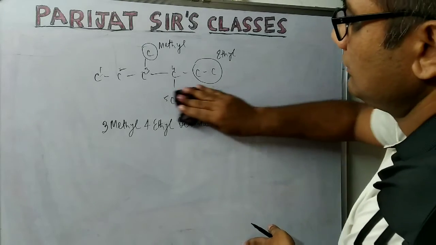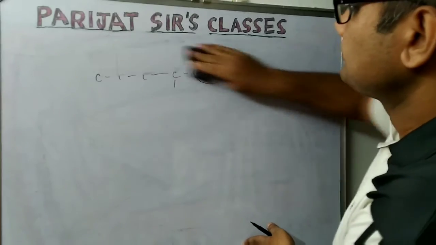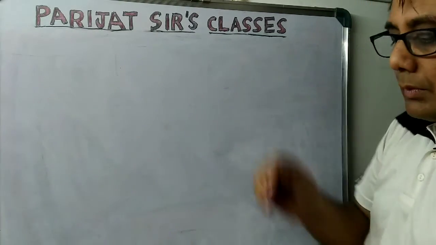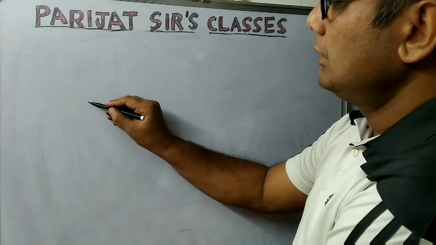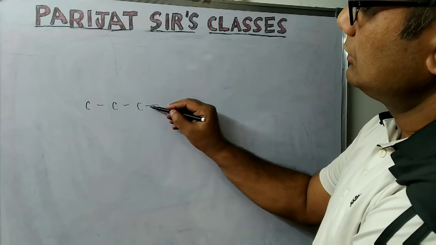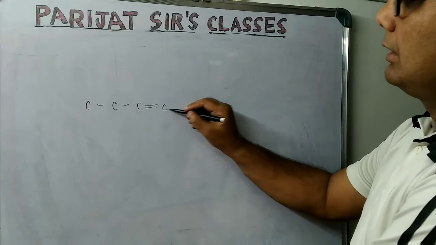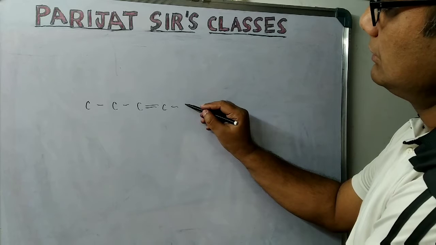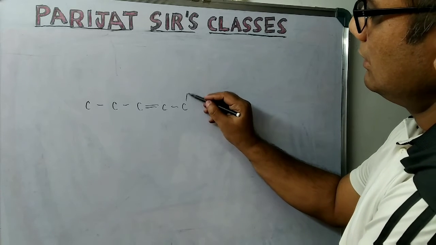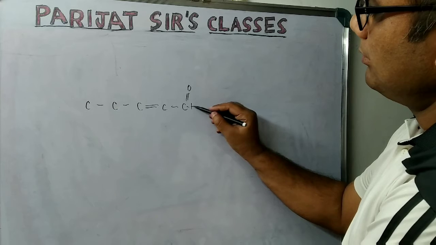Okay. So let's see furthermore. So if this is a chain where suppose this is a double bond and here is the functional group attached.